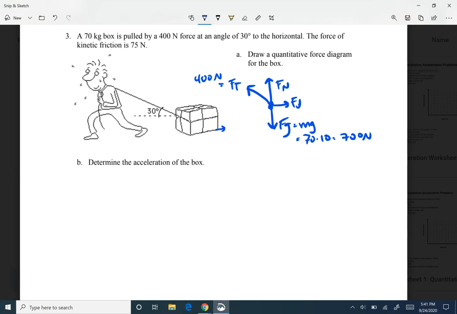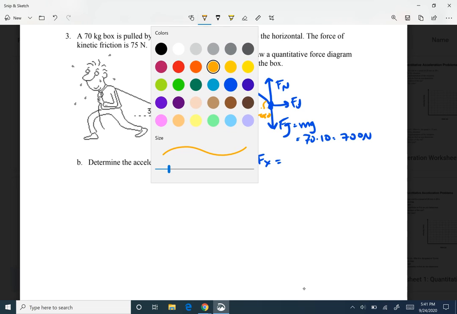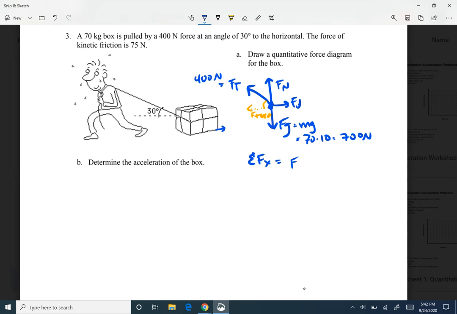Let's make a sum of the forces equation. Let's do one in the x direction first. So in the x direction, I have just one component of this force tension, this x component right here. If this is our angle, and we're looking for this part, that is cosine because it's adjacent, so this is going to be Ft cosine theta. So we have Ft cosine theta in the x direction, and we also have force friction.